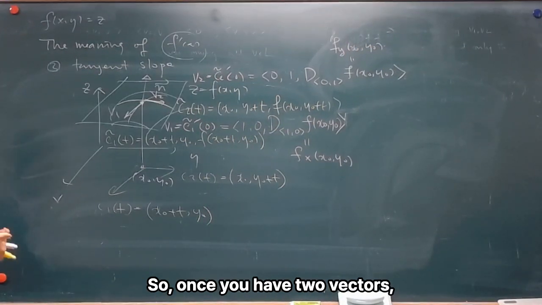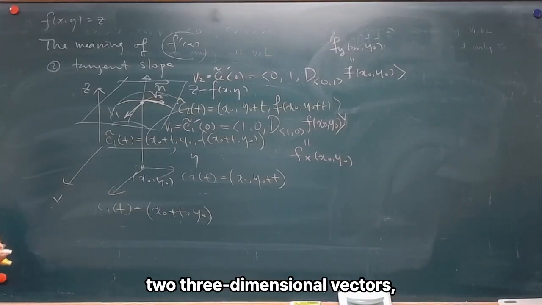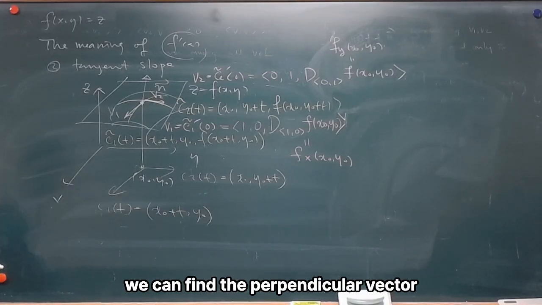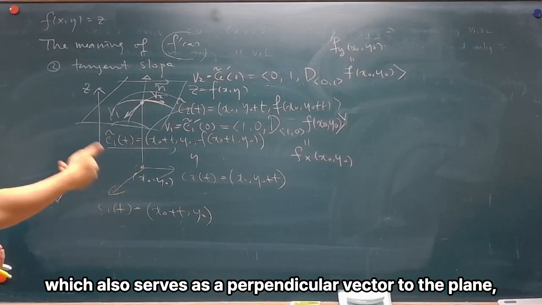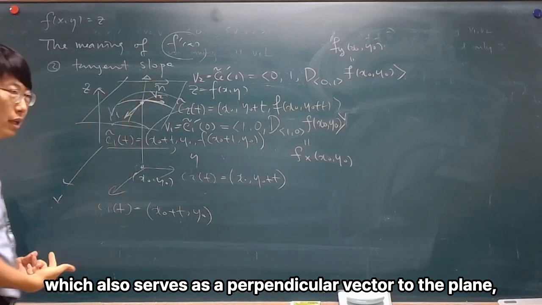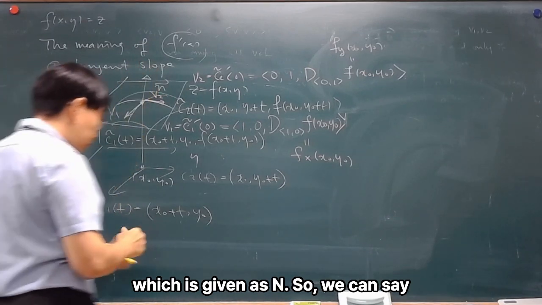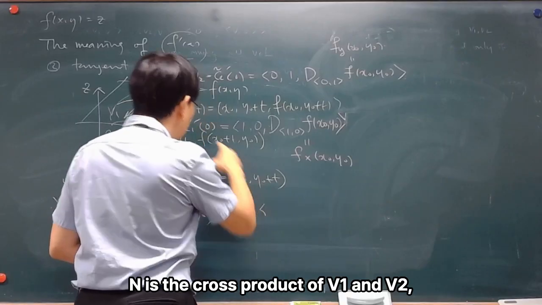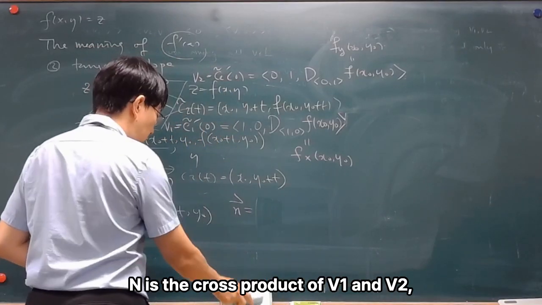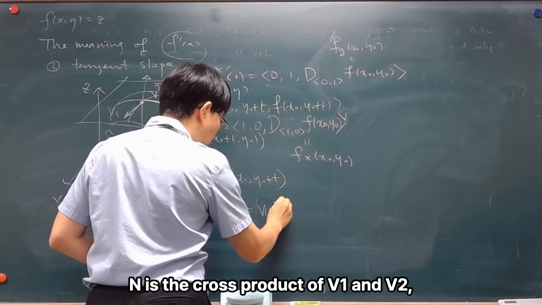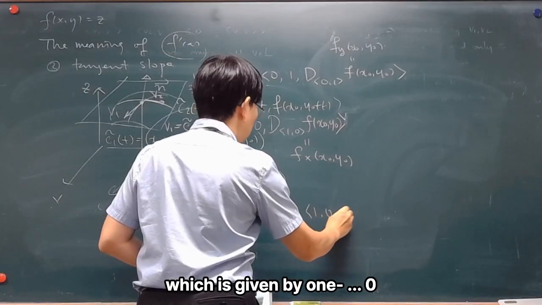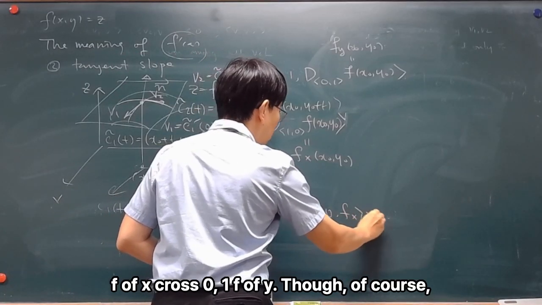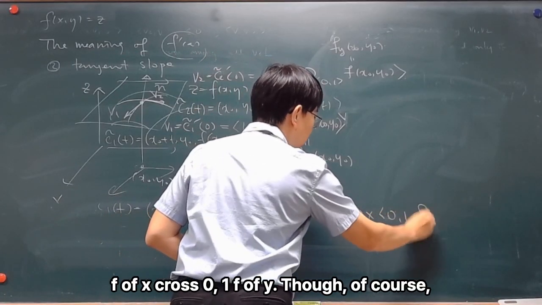So once you have two three-dimensional vectors, we can find the perpendicular vector, which is perpendicular to v1 and v2, which also serves as a perpendicular vector to the plane, which is given as n. So we can say n is the cross product of v1 and v2, which is given by 1, 0, f of x cross 0, 1, f of y.